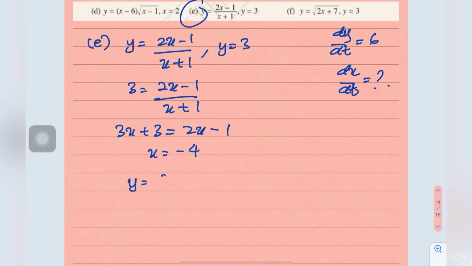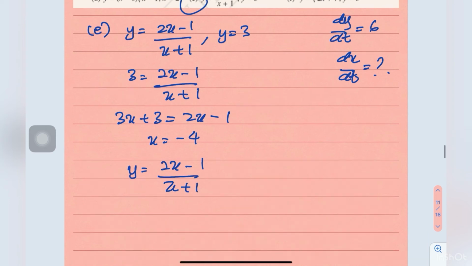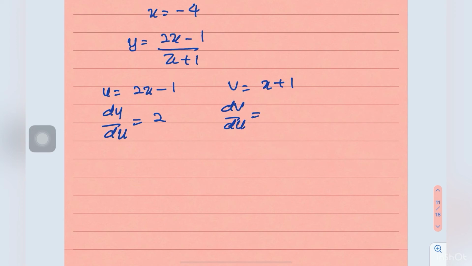Then you find dy/dx. Okay, for this situation, you can use the quotient rule. So u is 2x minus 1, du/dx is 2. v is x plus 1, dv/dx is 1. So dy/dx is (v du/dx minus u dv/dx) over v squared.